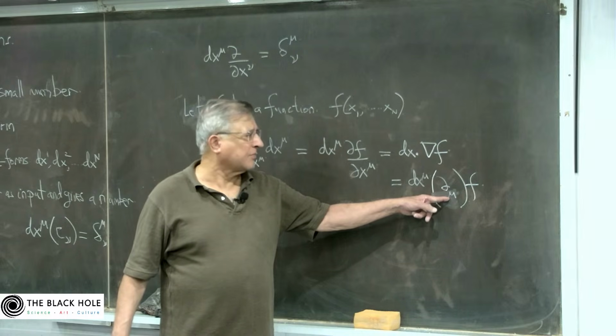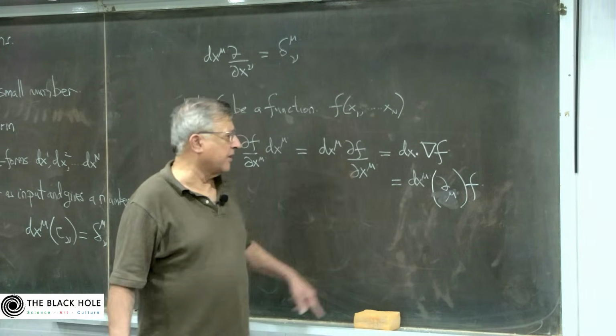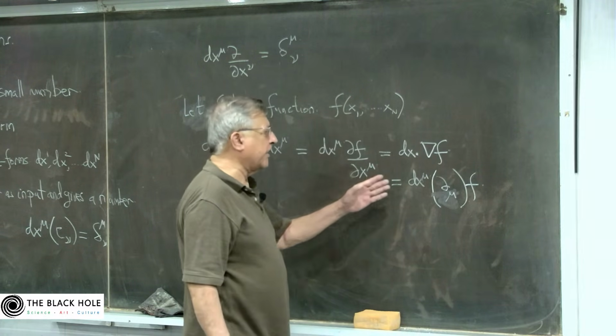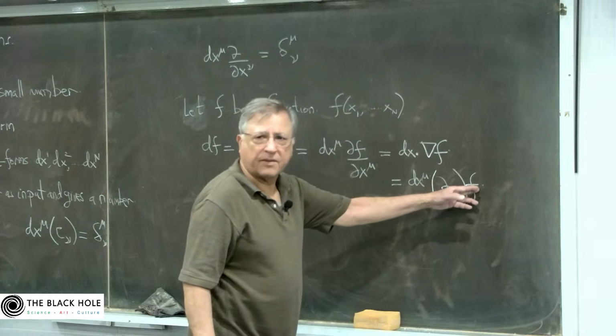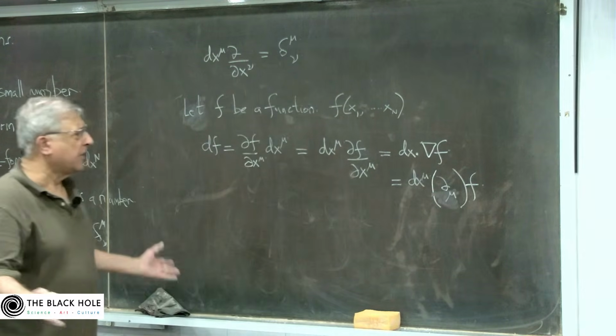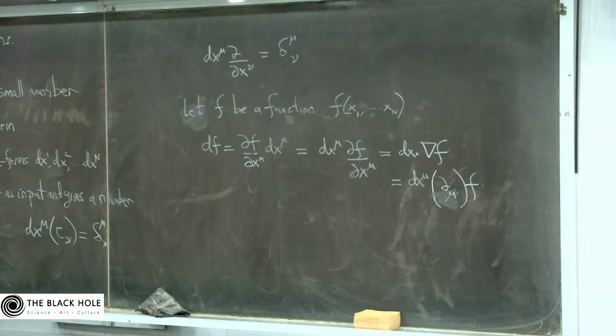And so this is going to be something that acts upon f, but then this could be any f, so I could just remove it altogether.